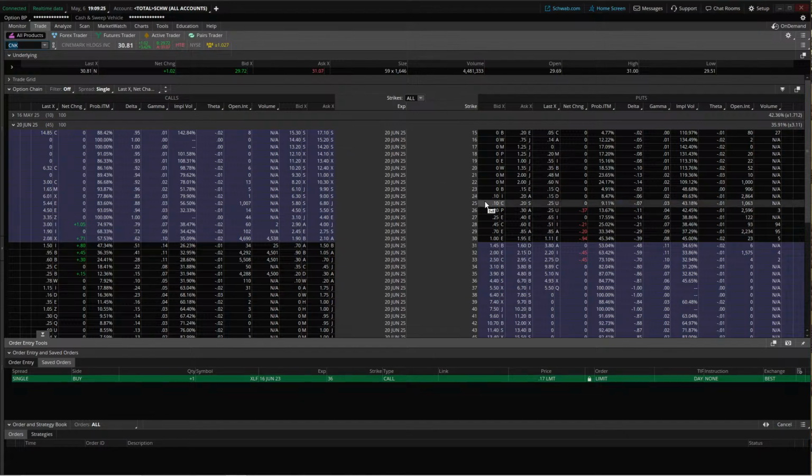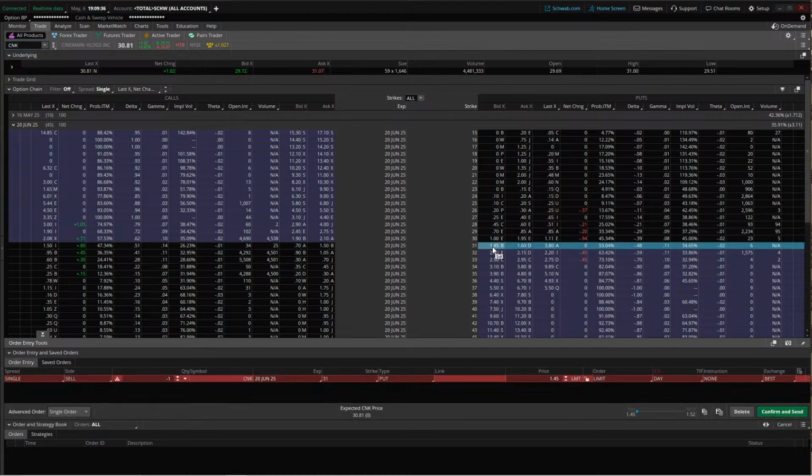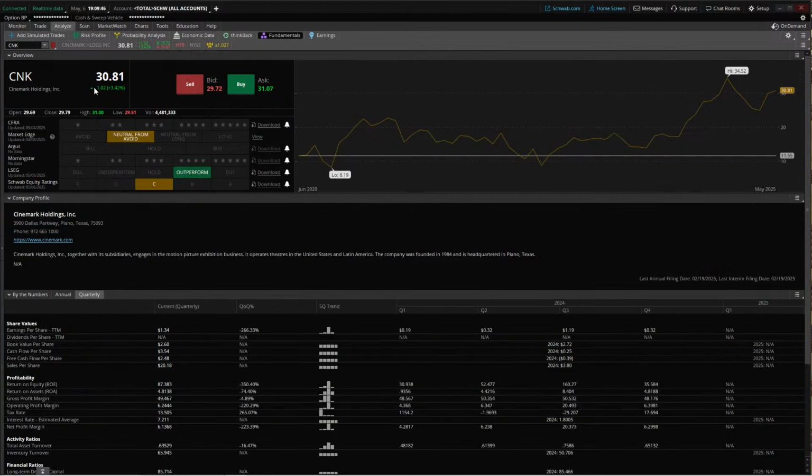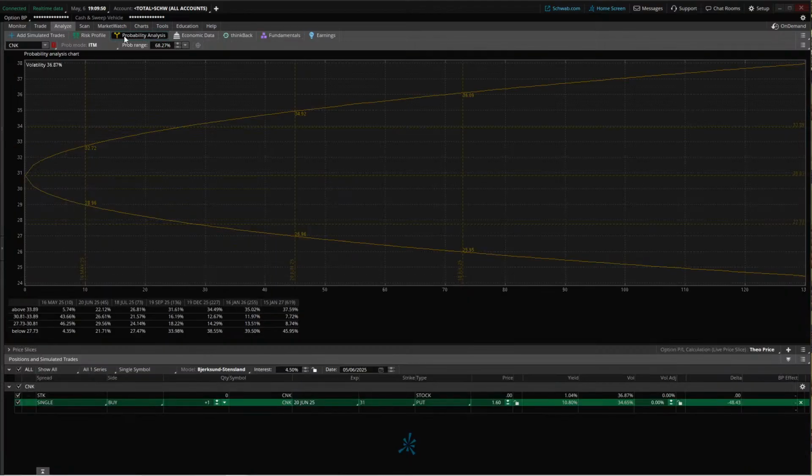And these deltas are crazy, bro. If I bought this 31 put right at the money and spent $1.45, not a bad deal, but let's analyze this trade and go to probability analysis.